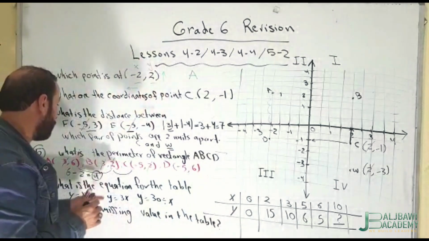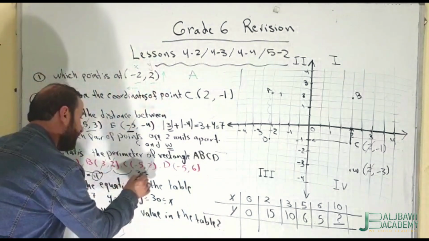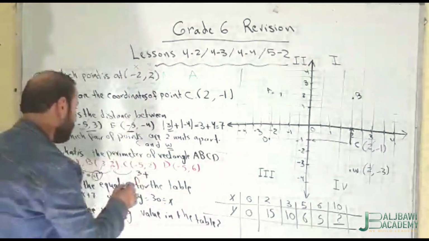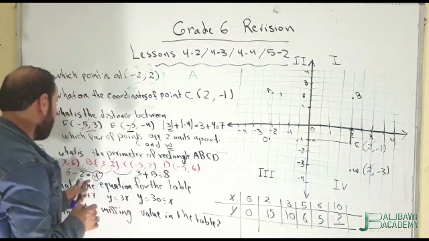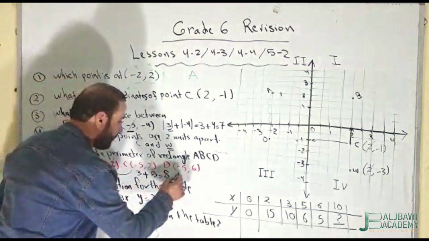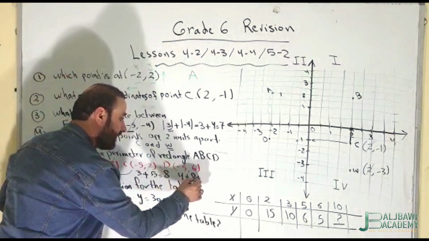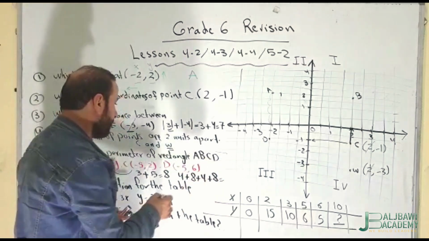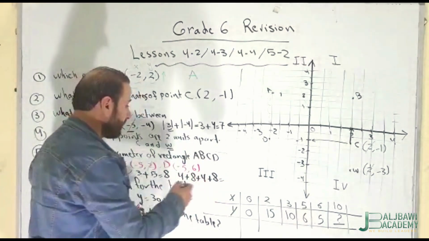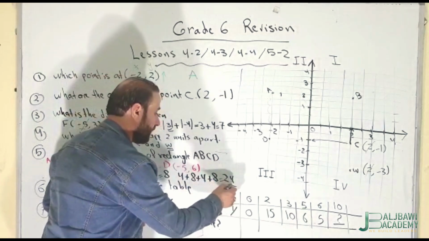The absolute value of 3 is 3, and the absolute value of -5 is 5. So 3 plus 5 equals 8. Now I repeat: 4 plus 8 plus 4 again plus 8 again equals 4 plus 8 equals 12, plus 12 equals 24 units.